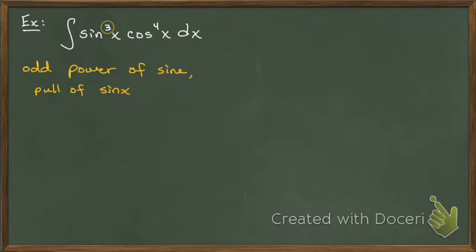A lot of those identities on the previous slide make use of an even power of sine or cosine. So I don't really want odd powers here. So I'm going to take a factor of sine of x away and see what I can do.